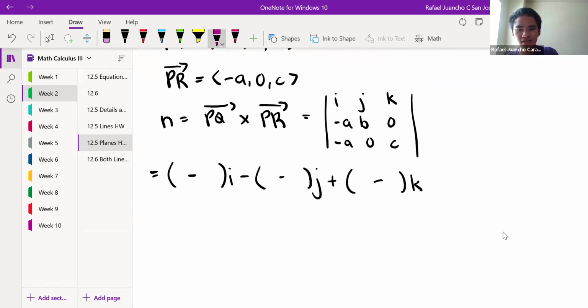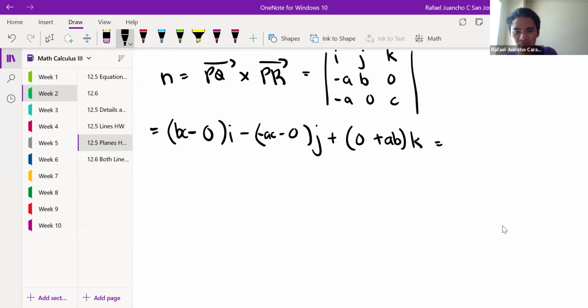So let's cancel out the i. We have BC here, and BC, 0. Next, we cancel out the j's. So we have negative AC here, and we have 0 here. Next, we have k: 0, negative AB, so that's positive AB, or BA, doesn't matter.